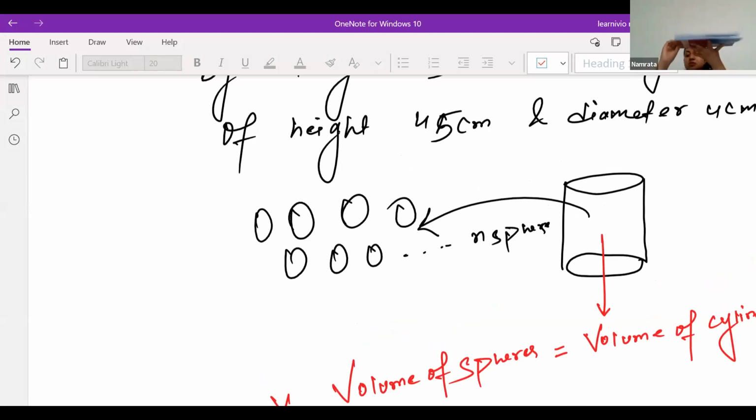So I am melting it down to make this one, so the volume of this one will be equal to the volume of this one. Getting it? Yes, ma'am.